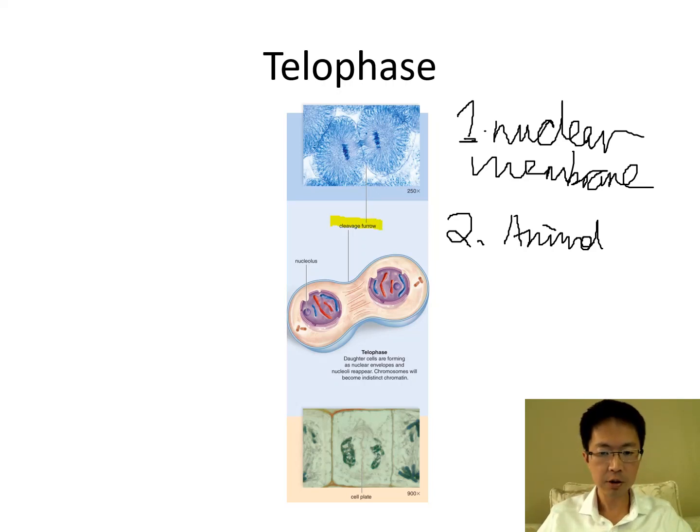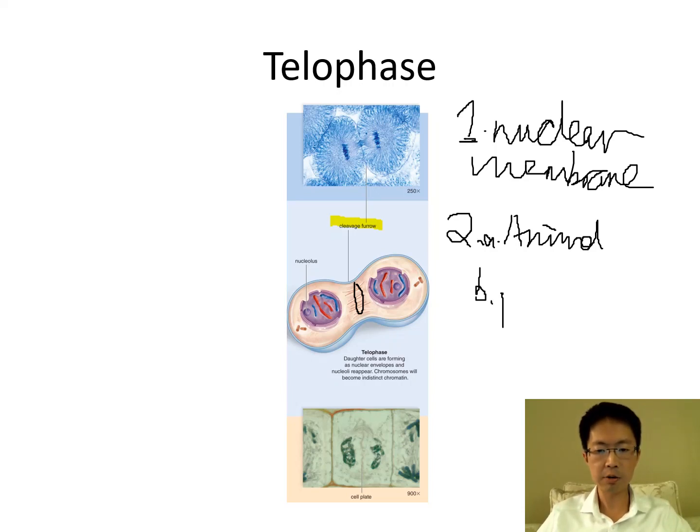Cleavage furrow show up. Cleavage furrow is because there is a contraction ring here. It's basically the cytoskeleton. They contract and then pinch the cell so that it forms something called cleavage furrow in the animal cell.